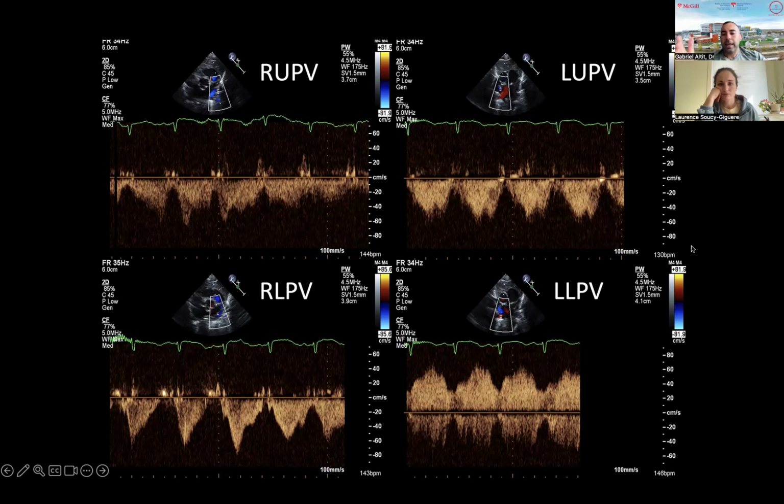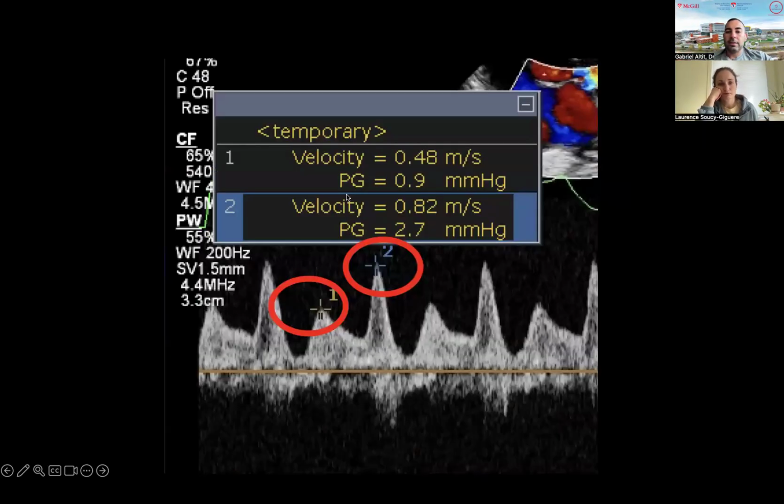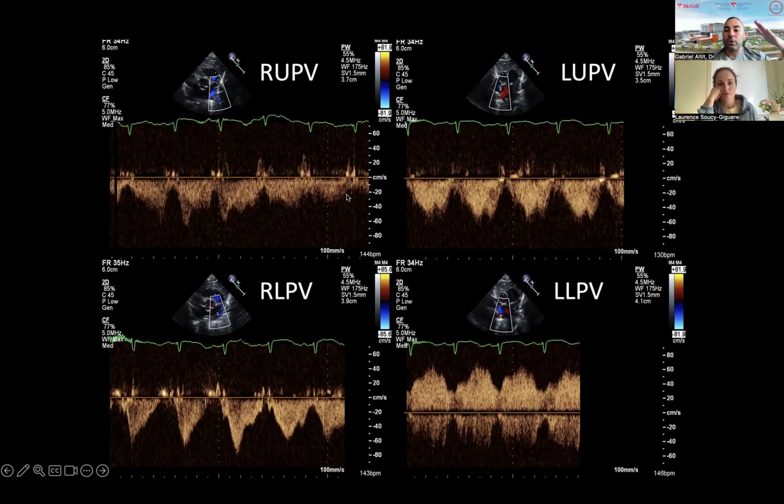So you don't want them to be, for example, above 1 meter per second. Why? Because if it's high velocity, it could tell you that you have a lot of QP:QS and a lot of blood flow coming back from your pulmonary vasculature. And if you start losing the phasicity and it's just monophasic, you start being concerned for constriction.